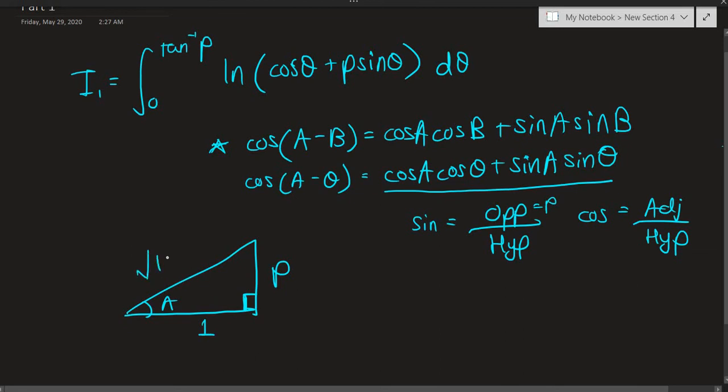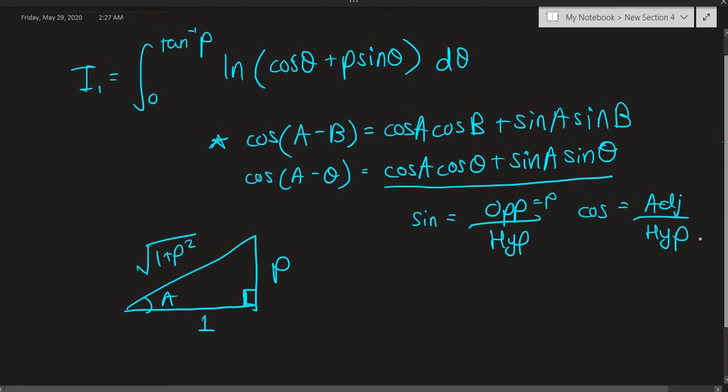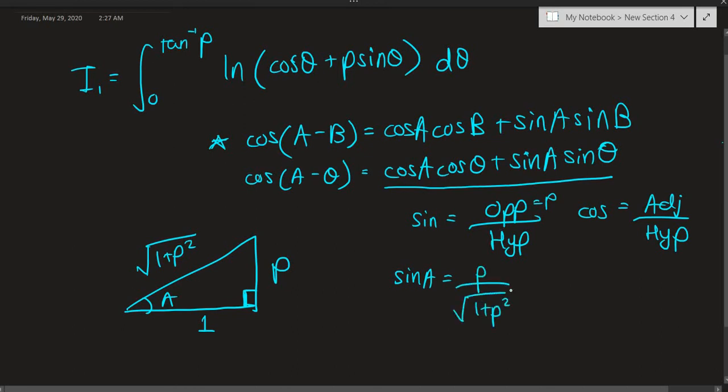We just use the Pythagorean theorem, and we have the square root of 1 plus p squared. That's the value of your hypotenuse. So great, sine of A by this formula is going to be p divided by the square root of 1 plus p squared, and therefore cosine of A is just going to be 1 divided by the square root of 1 plus p squared.